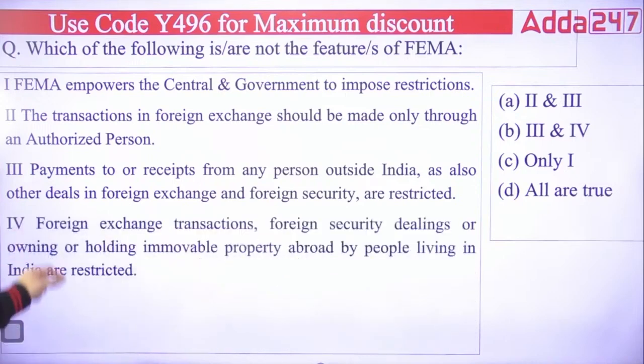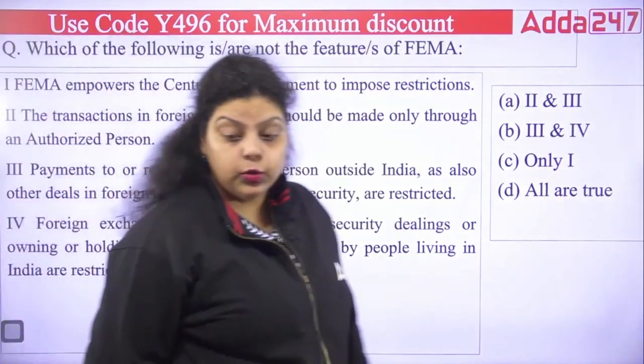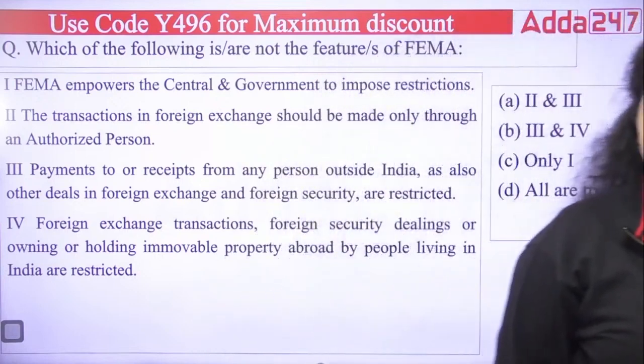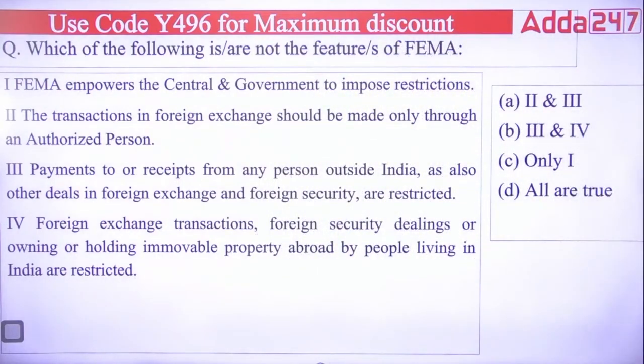Foreign exchange transaction, foreign security dealing, or owning or holding immovable property abroad by people living in India, they are restricted. So these are the 4 statements given to you. Out of this, you have to answer which of the following is not a feature of FEMA.